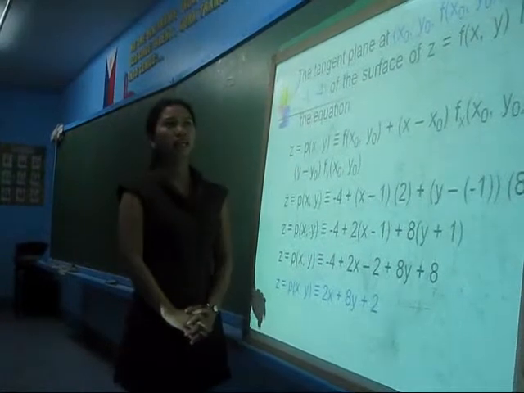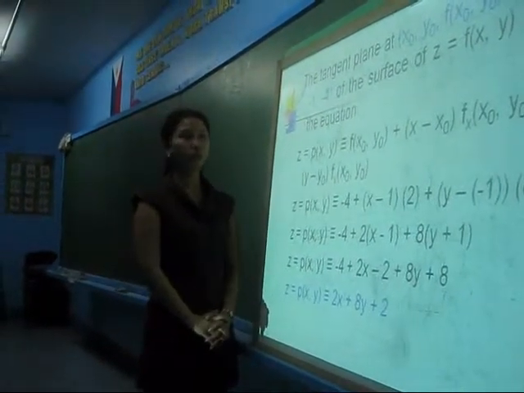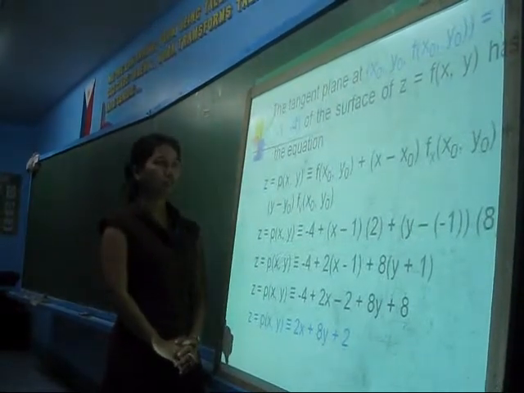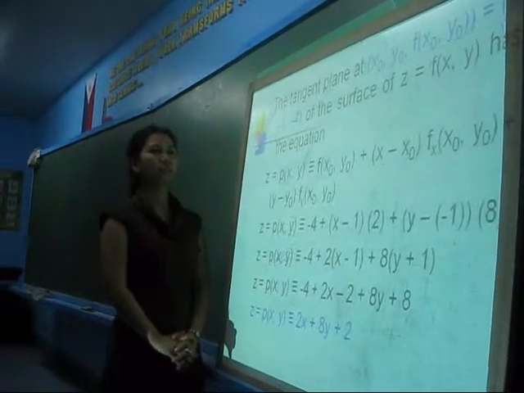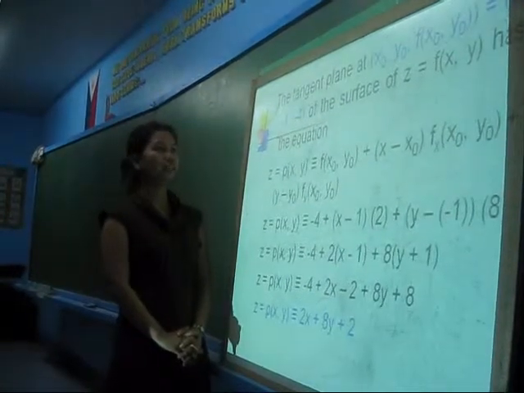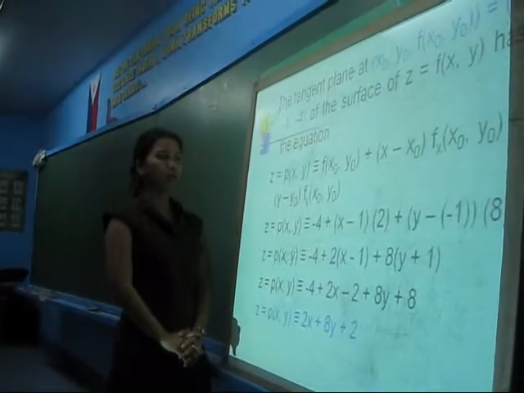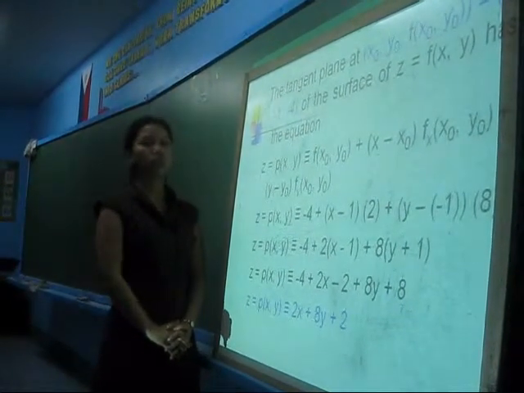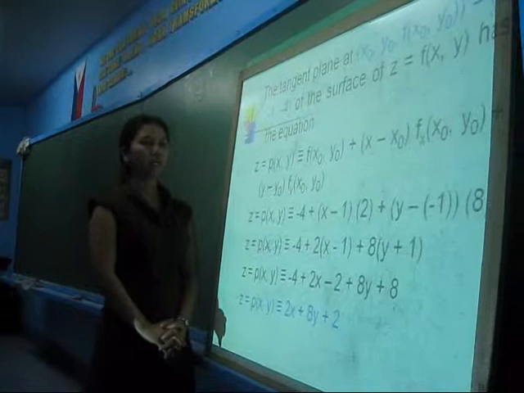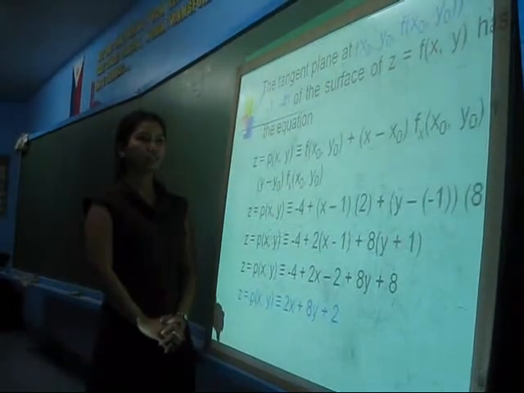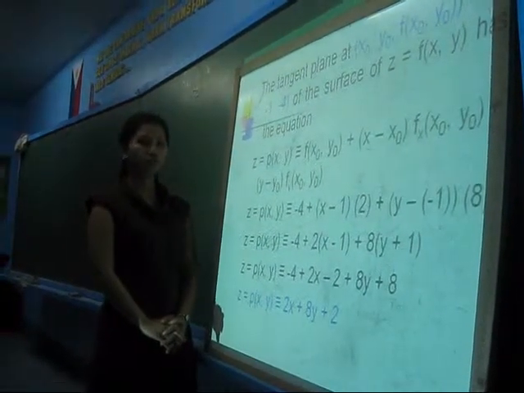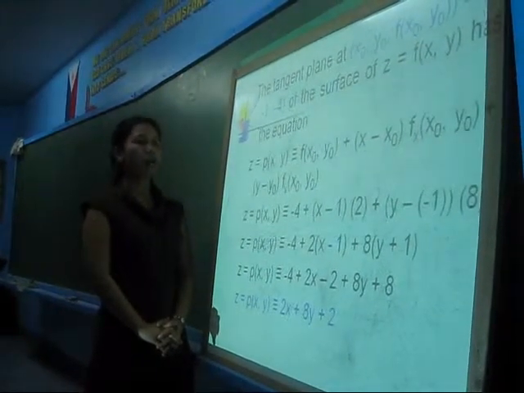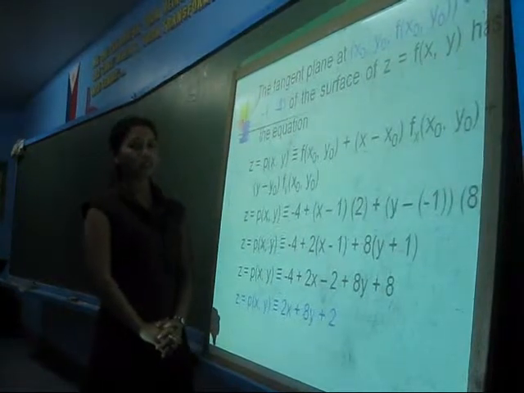The tangent plane at x sub 0, y sub 0, f of x sub 0, y sub 0, which is 1, negative 1, and negative 4, of the surface z equals f of x and y, has the equation z is equal to p of x and y, that is identical to f of x sub 0, y sub 0 plus x minus x sub 0 times f sub x of x sub 0, y sub 0 plus y minus y sub 0 times f sub y of x sub 0, y sub 0.